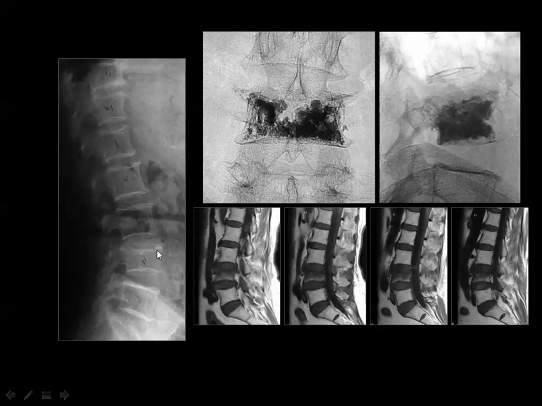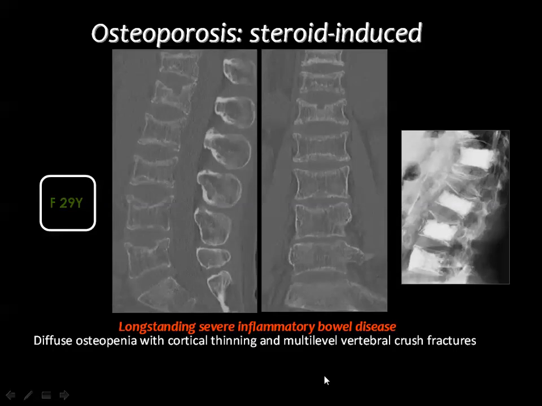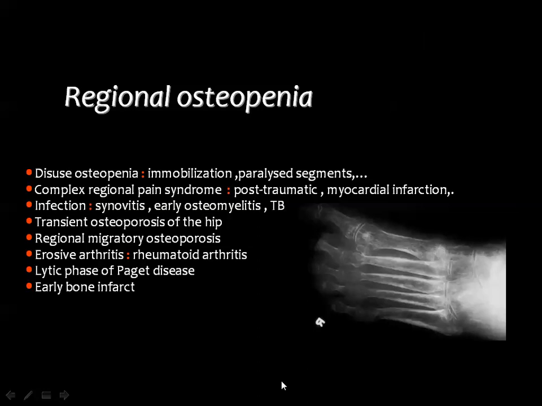You see a minor degree of loss of height of the vertebra, and the changes in MRI of bone marrow edema and loss of height. Then this is the vertebroplasty. And this patient with severe inflammatory bowel disease and treated by corticosteroids developed extensive osteoporotic changes in the spine with multiple vertebral fractures that are treated by vertebroplasty.